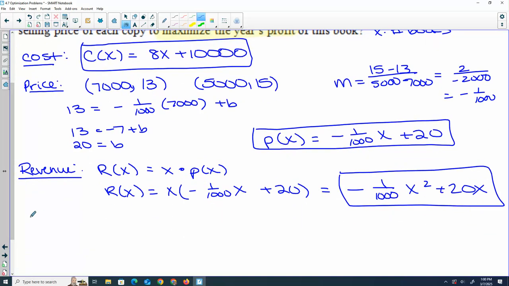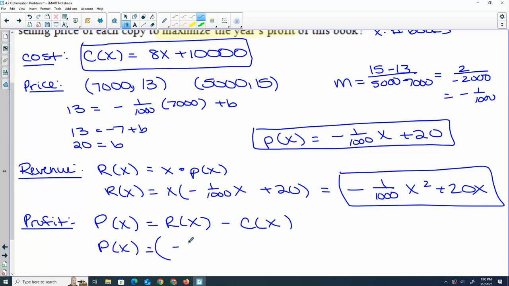I want to maximize profit. So now I need profit first. Then we can maximize. How do you find profit? Revenue minus cost. The amount of money you bring in minus the amount of money you spend.